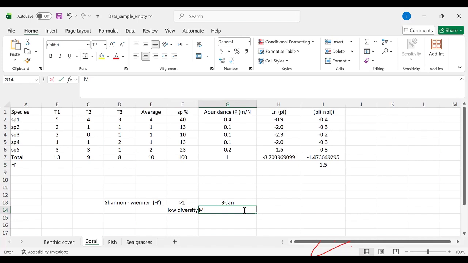Sorry, you wrote more than 1. It should be less than 1, right? Yes, you're right. And here, I don't know, it's automatically corrected.